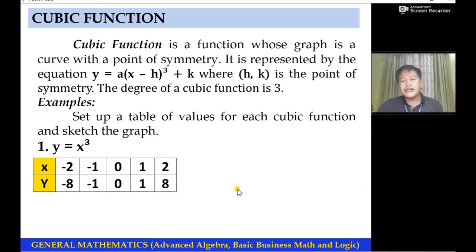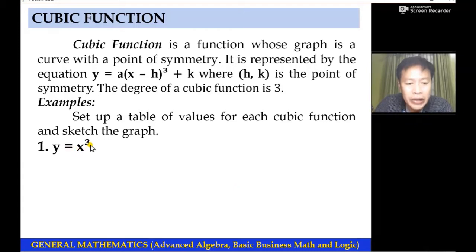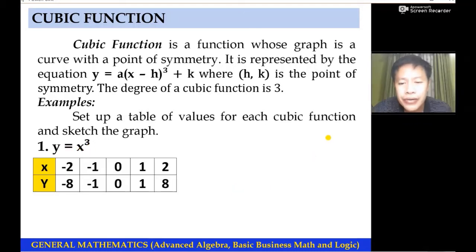How are we going to sketch the graph of y is equal to x cubed? The first thing that we're going to do is to draw the Cartesian plane, of course. The y-axis. After drawing the y-axis, you're going to draw the x-axis. Now, you're going to consider the table of values here so that you cannot have a quadrant which is not needed in your graph.